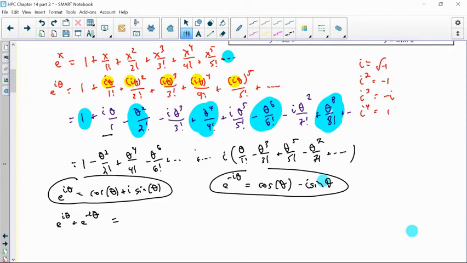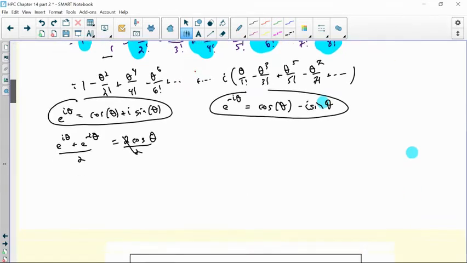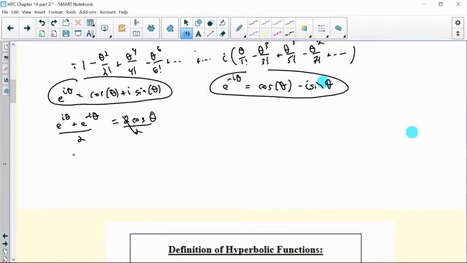Well, I get cosine theta plus cosine theta. I get 2 cosine of theta. And then the signs cancel. So if I divide out that 2, I get this cosine of theta expression, right? That cosine of theta is equal to e to the i theta plus e to the negative i theta over 2.